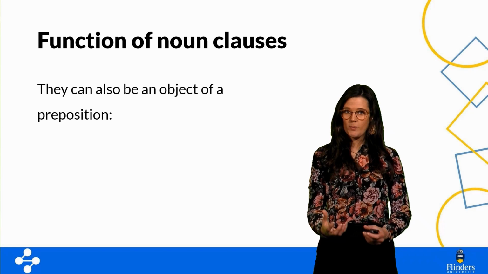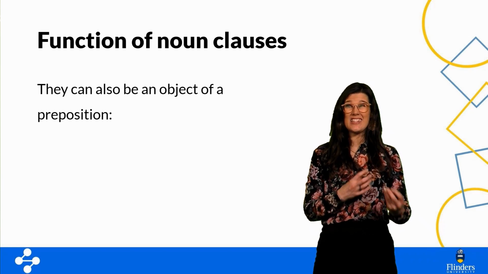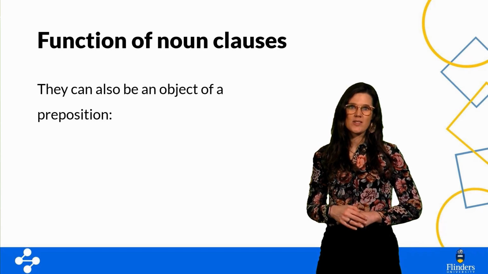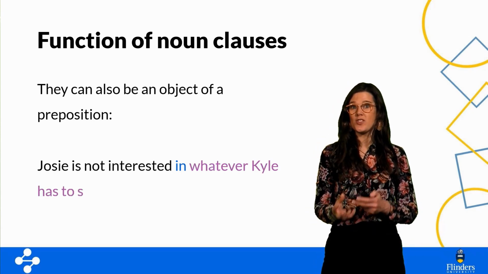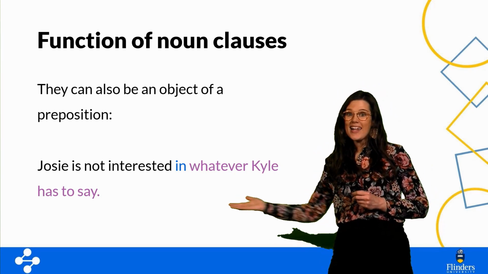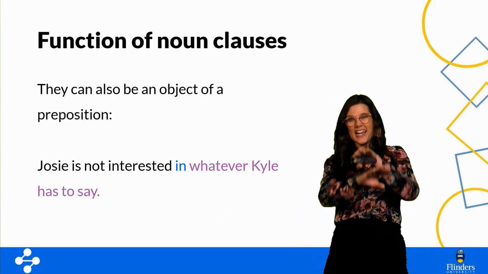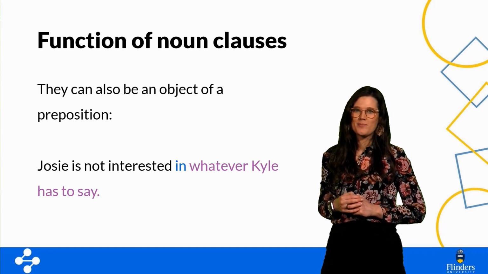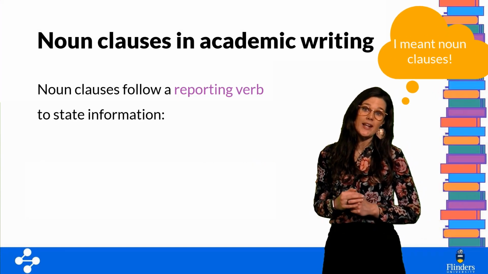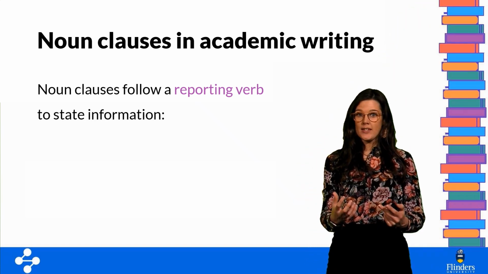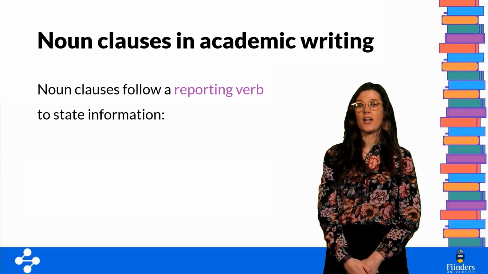Noun clauses can also be the object of a preposition, as in the thing that the preposition is joining to the other clause. So, Josie is not interested in whatever Kyle has to say. Again, whatever Kyle has to say is a single and unified idea that I could replace with a pronoun. Now, noun clauses are very useful in our academic writing, particularly when we are introducing or defining and clarifying ideas.